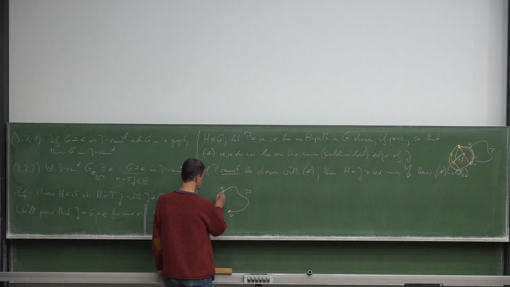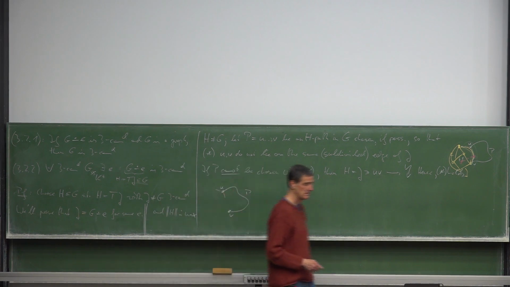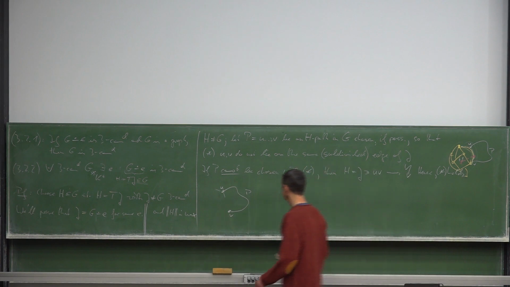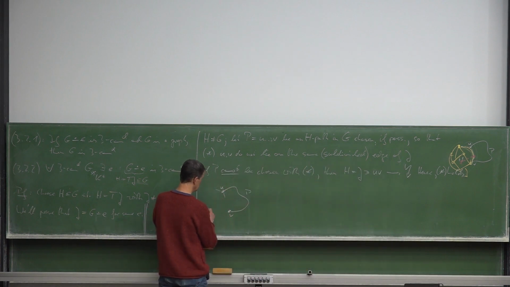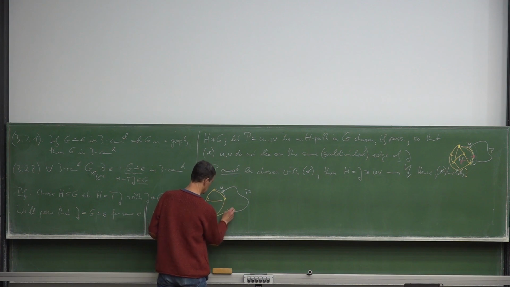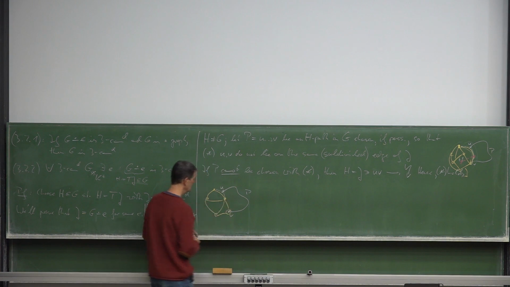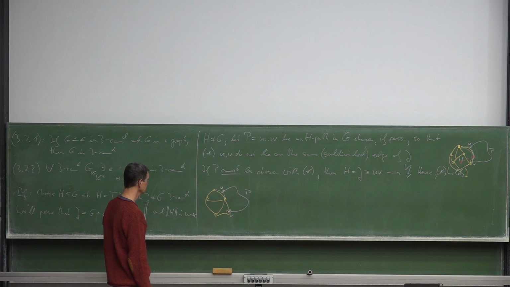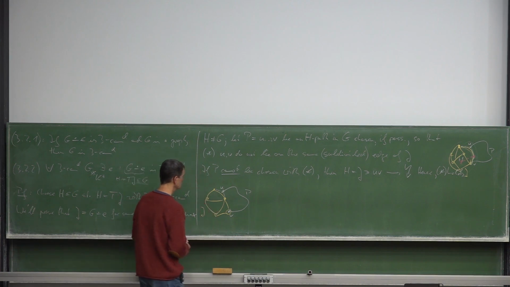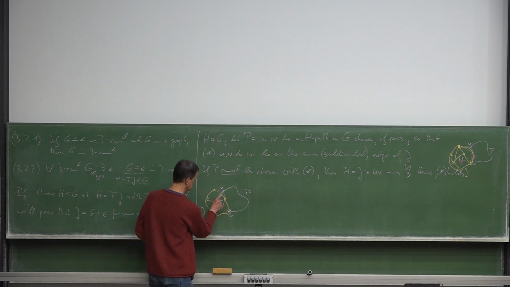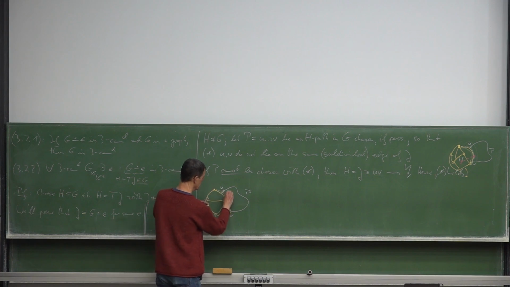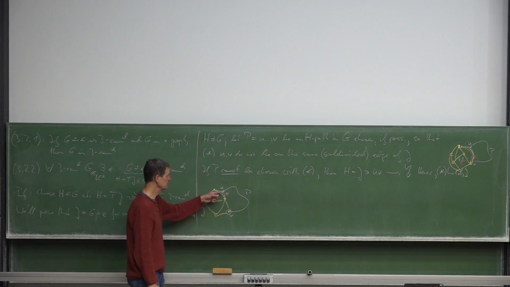And so we also know that U and V do not lie on the same subdivided edge of J. So this again is the yellow edge is the edge of J, and it was subdivided when we formed H. And one of these subdivision vertices is now U. Right?